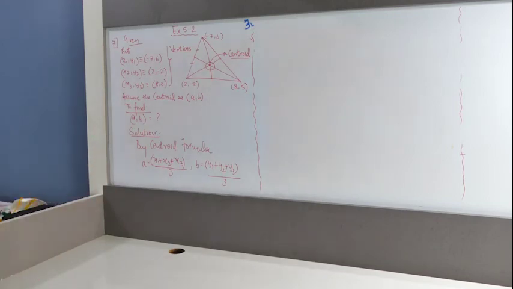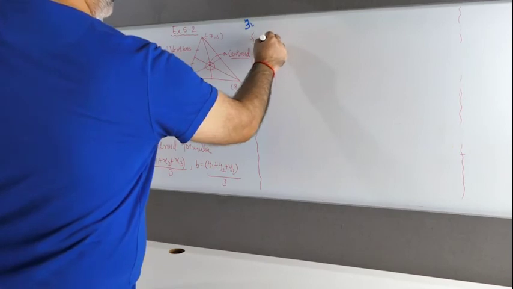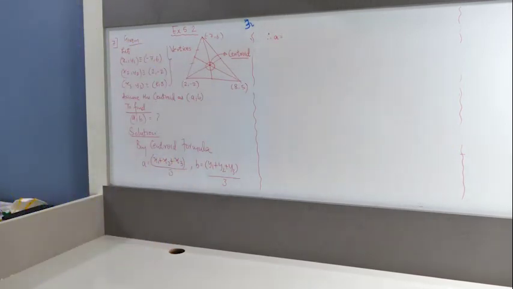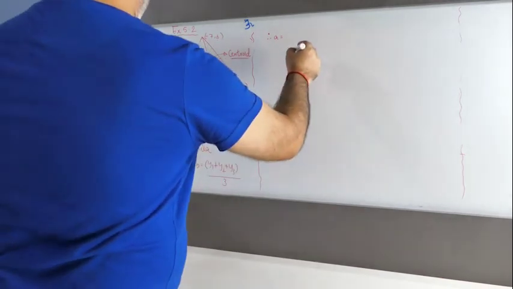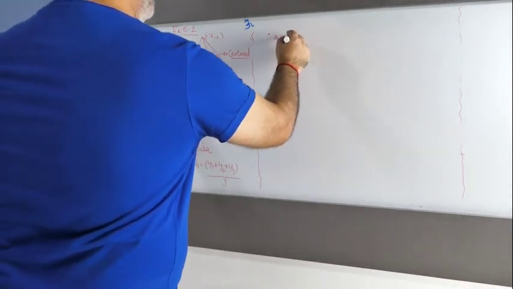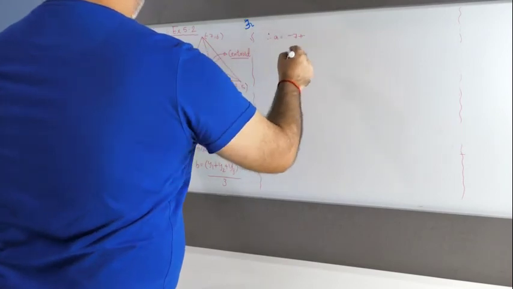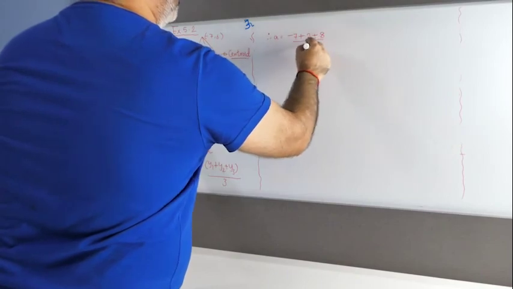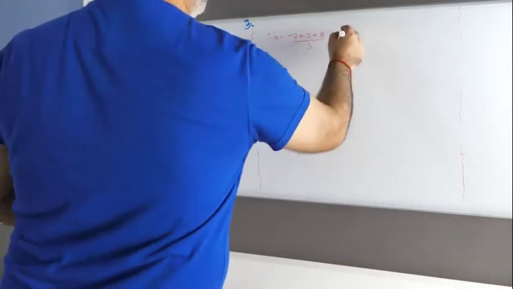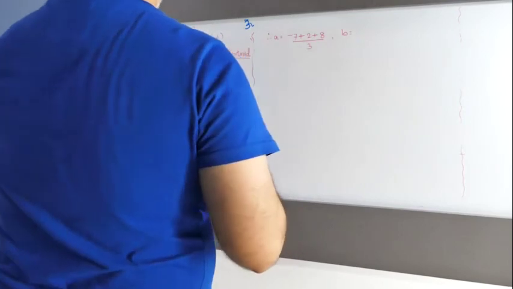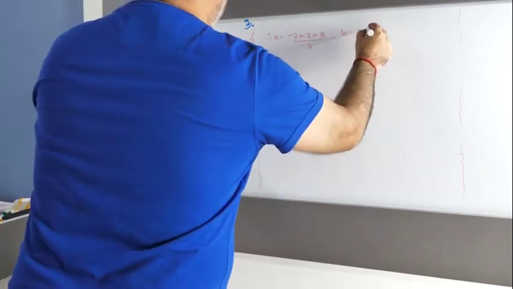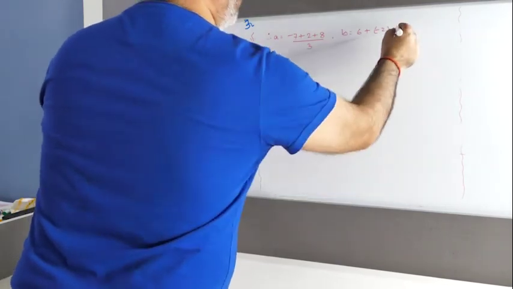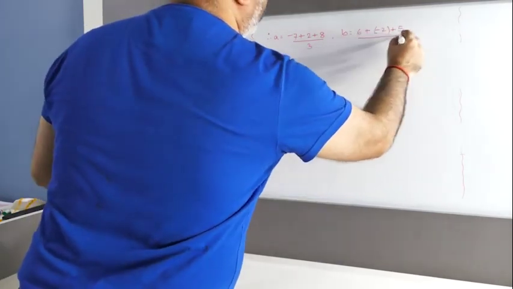Now let us substitute. So substituting, you have a equals to x1. What is my x1 value? Minus 7. x2 is 2. x3 is 8, divided by 3. Similarly, b is going to be y1 6, y2 minus 2, and y3 is 5, the whole divided by 3.